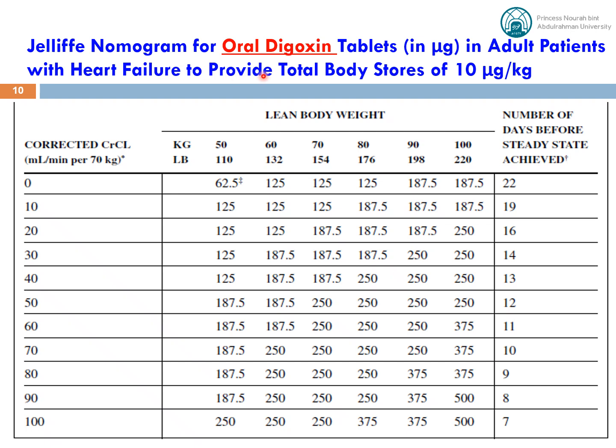To provide total body store. So back again, we have talked about total body store. It's very similar to plasma concentration, but instead of talking about therapeutic plasma concentration, we are here talking about total body store, which is 10 micrograms per kilogram.